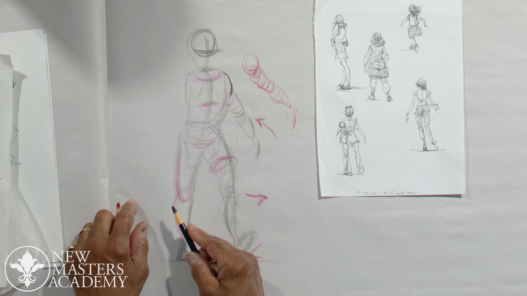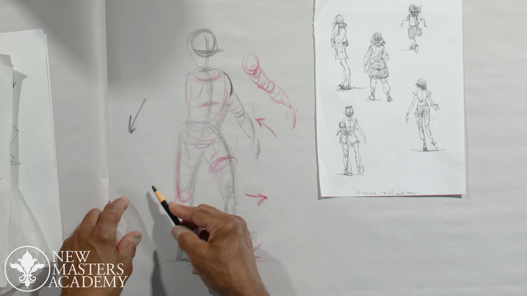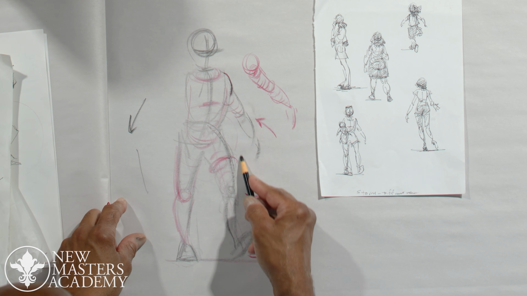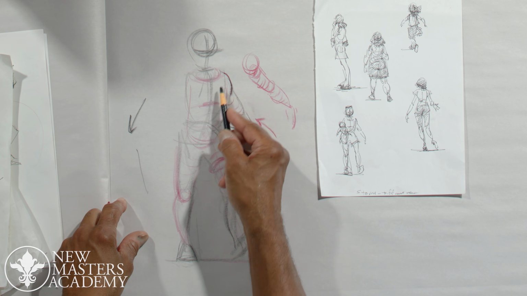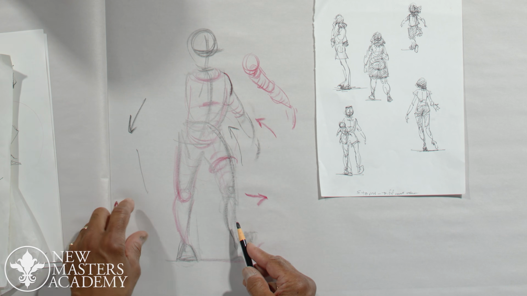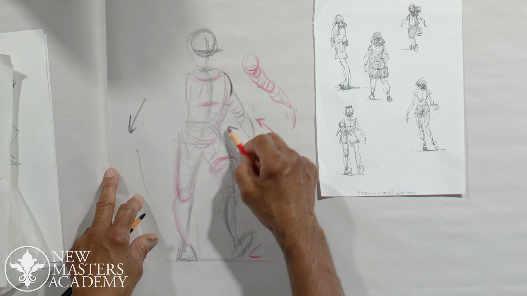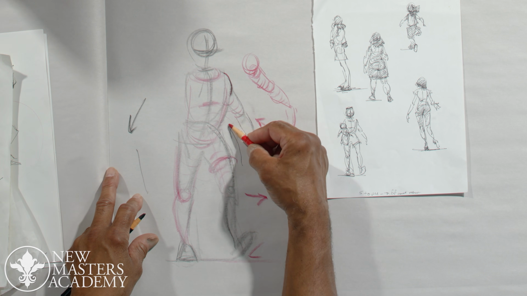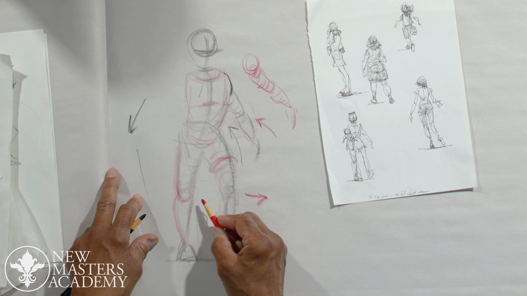Okay. And again, we got upper torso, lower torso, pushing in from here, and here. And again, we got our negative shape, negative space that's happening between the upper torso and the arm here.